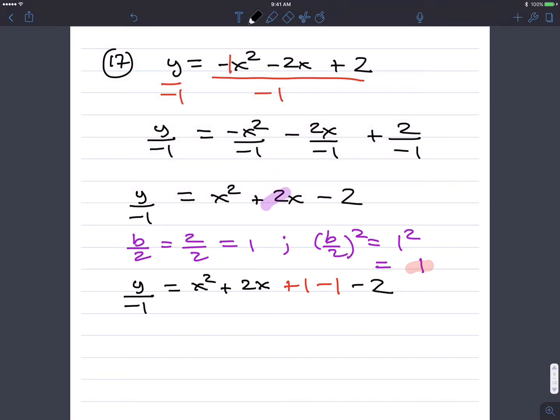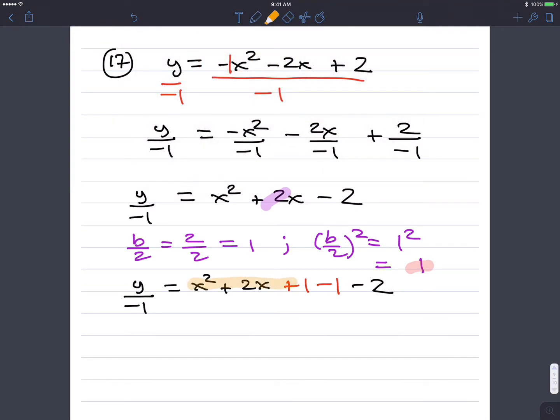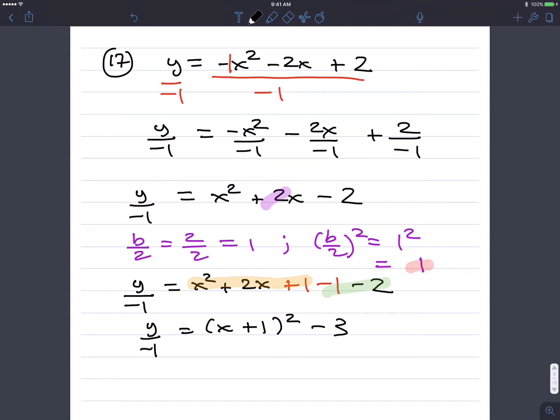So again, just like before, factor the first 3 terms, do arithmetic on the last 2 terms. Here's what this looks like. y over negative 1 is x plus 1 squared minus 3.